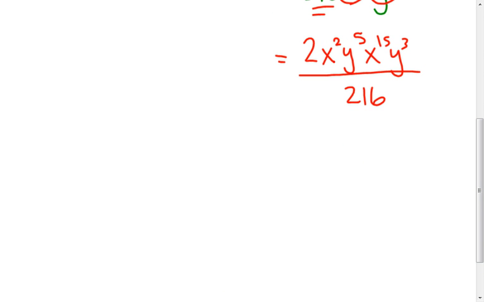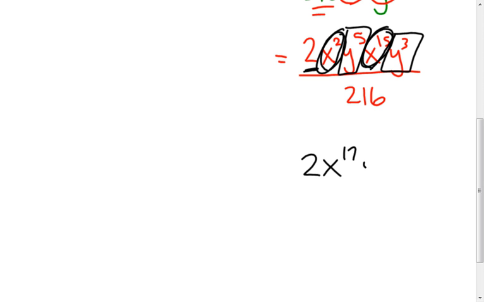Now you can see that you have more than one x on the top, so you're really multiplying x squared times x to the 15th. Two bases, so you add the exponents. This 2 that's right here will stay, but I have x to the 2 plus 15, which is x to the 17th, and y to the 5 plus 3, which would be y to the 8th. And then I have this over 216.